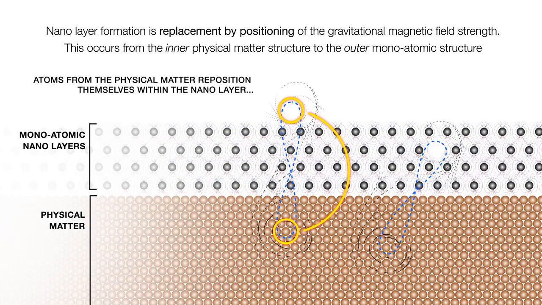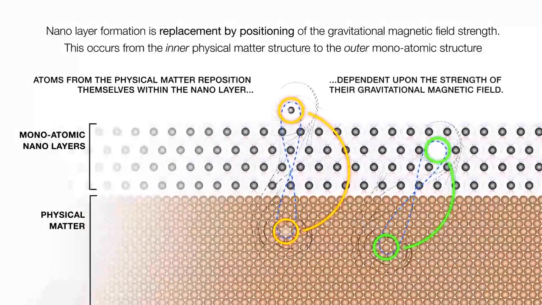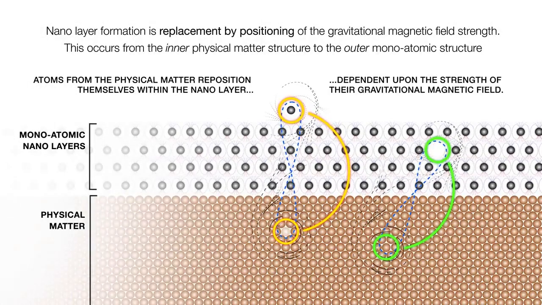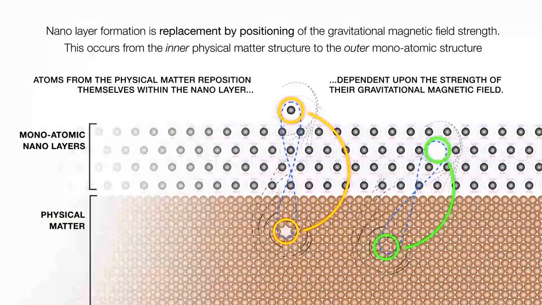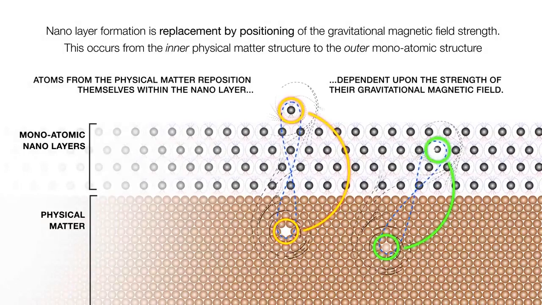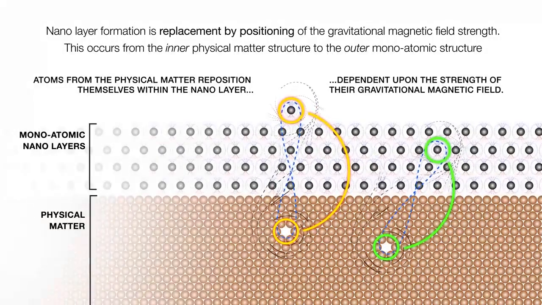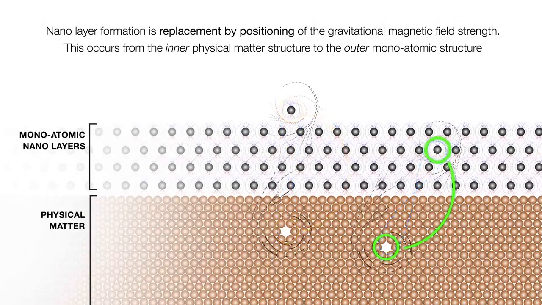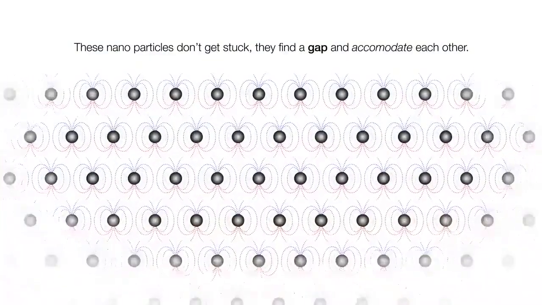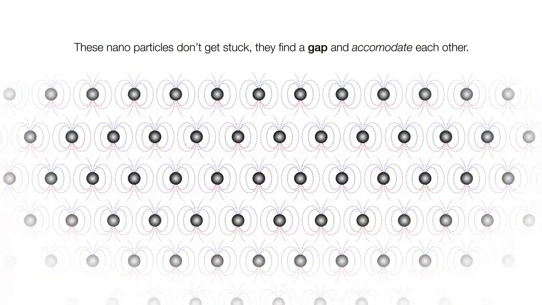Atoms from the physical matter reposition themselves within the nanolayers, dependent upon the strength of their gravitational magnetic field. So they just find their position depending on their strength. These nanoparticles don't get stuck, they find a gap and accommodate each other.